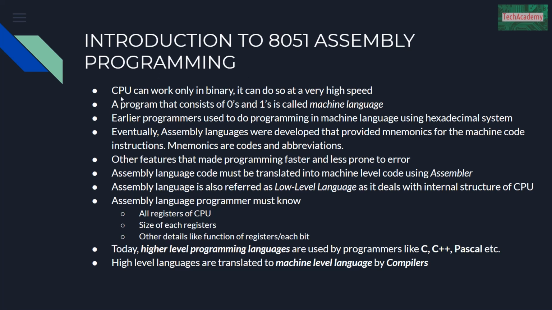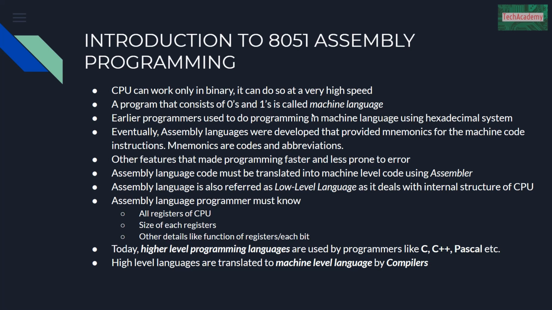The CPU, we know, can only work with binaries, like zeros and ones, and it can work on binaries with very high speed. So this is the advantage. If we write any program, it consists of only zeros and ones for the CPU and not for us, because the CPU only knows zeros and ones.